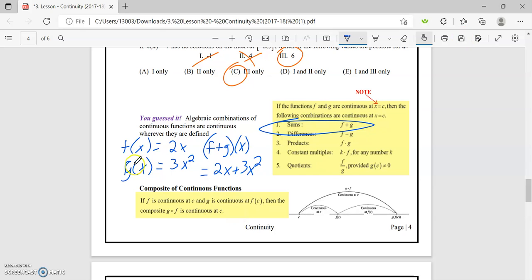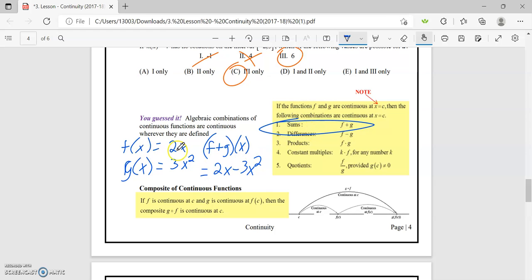And what it says is, as long as f was continuous and g was continuous, then the composite sum f plus g, so 2x plus 3x squared, itself is also continuous. We can change that and say f of x minus g of x, 2x minus 3x squared. Same thing's going to happen. We are going to be continuous on this graph.